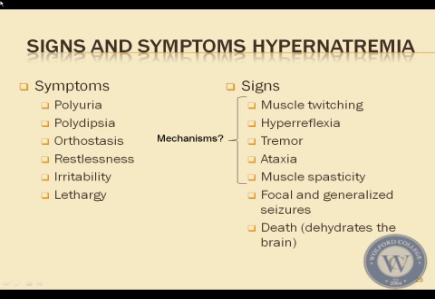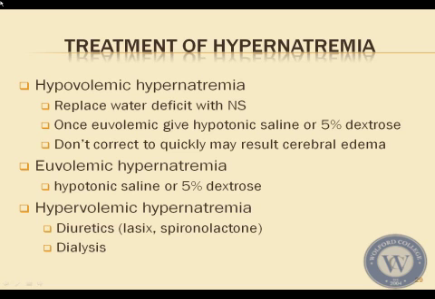As for signs, the person will develop muscle twitching, hyperreflexia, tremors, ataxia, and muscle spasticity. Due to the excessively high gradients of sodium, you get overstimulation and overactivation of the sodium channels. Focal and generalized seizures may occur, and death if dehydration of the brain occurs.